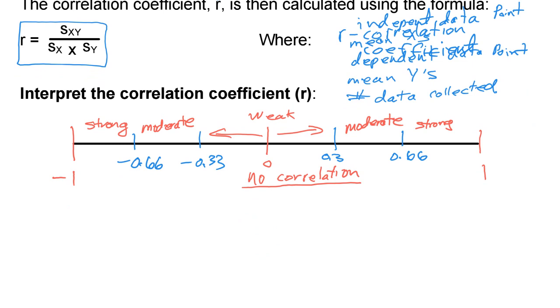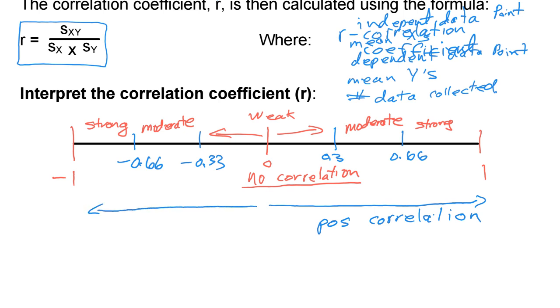For anything that's on this side, this is a positive correlation. But you would say it's either a positive strong, weak, or moderate correlation. And then everything to this side here is a negative correlation.